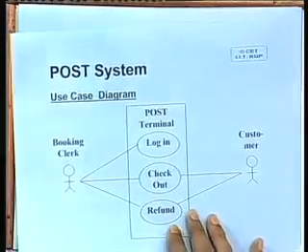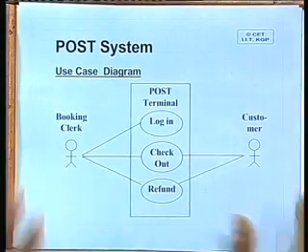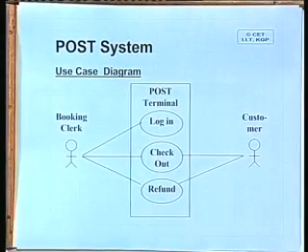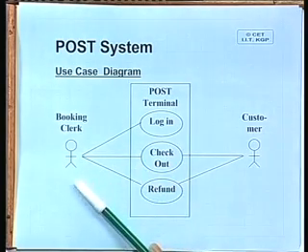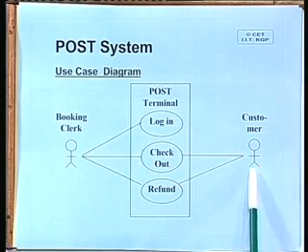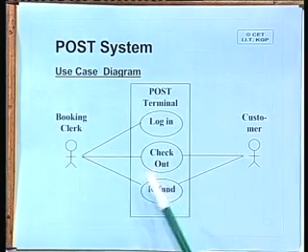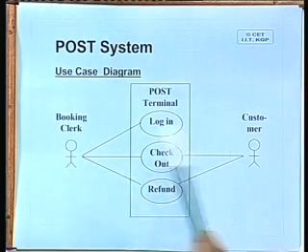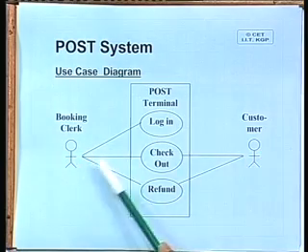You see, this is what I was talking about, a POS system, the point of sale terminal, and the use case diagram. We have the booking clerk, and on the other hand we have the customer, which is shown by the stickman symbol. The stickman symbols for booking clerk and customer are called actors, right?